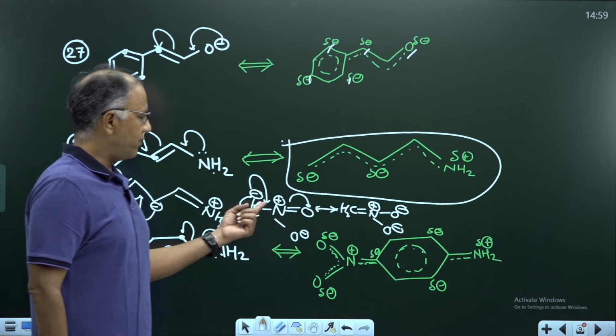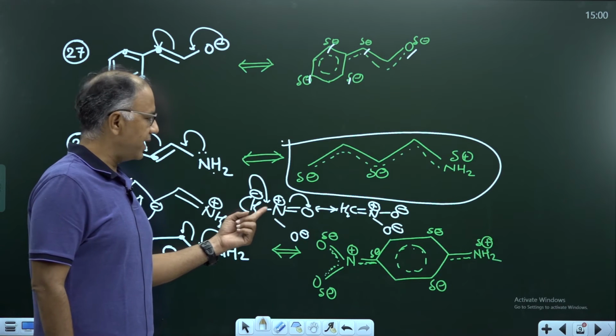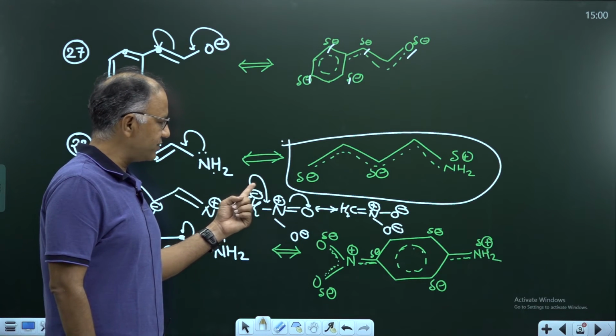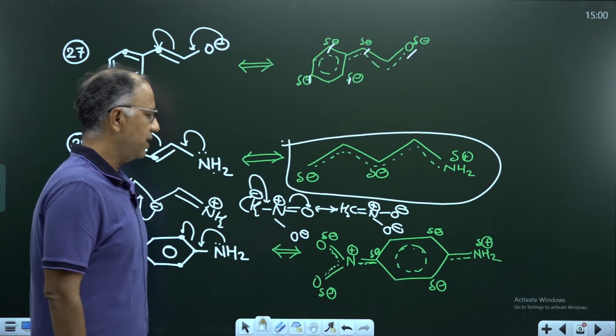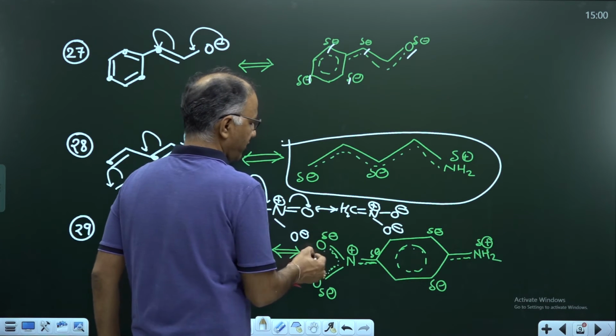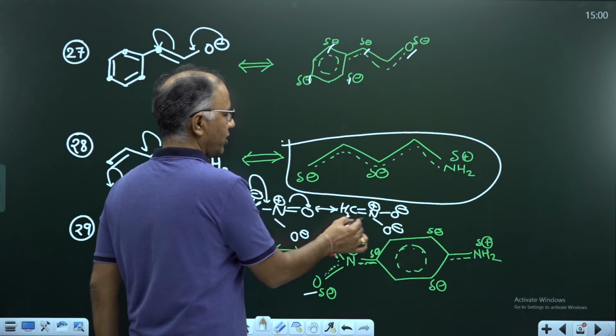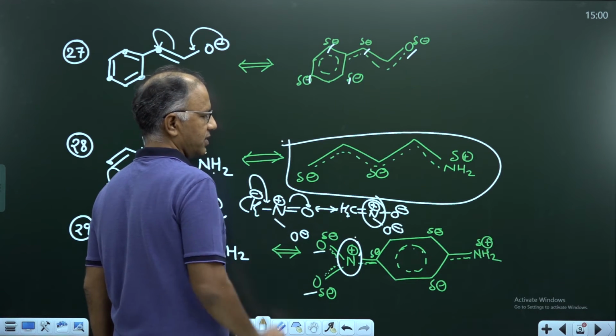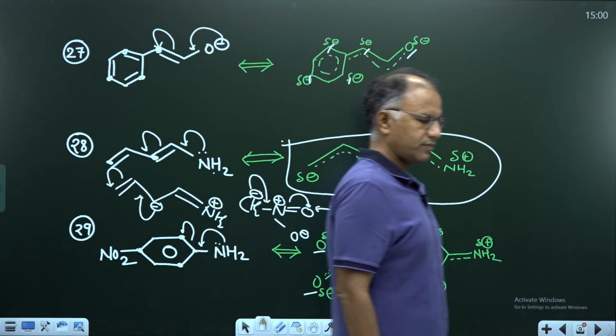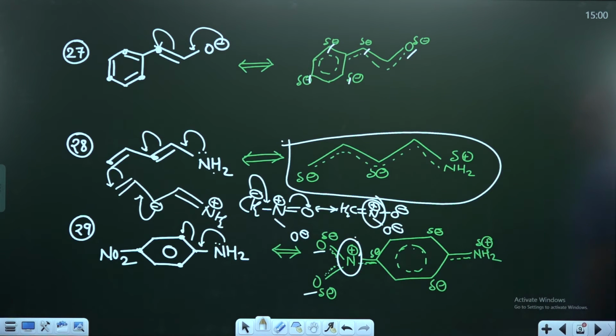Got it? Positive is localized, but there is a resonance between the negative charge and the pi bond. Double bond conjugation with the lone pair. So this will be the resonating structure. In that way, both oxygens will carry negative charge, and nitrogen positive is localized, therefore in the hybrid nitrogen will have complete positive charge. Got it?